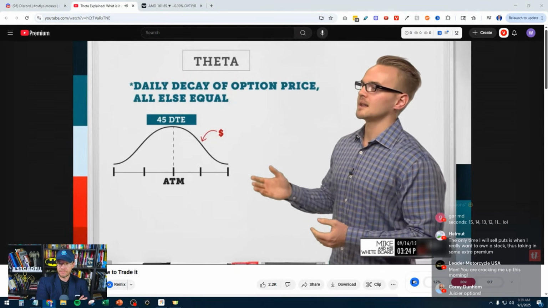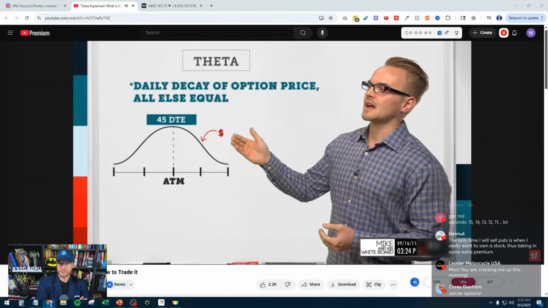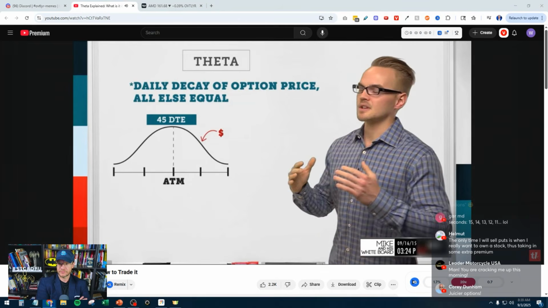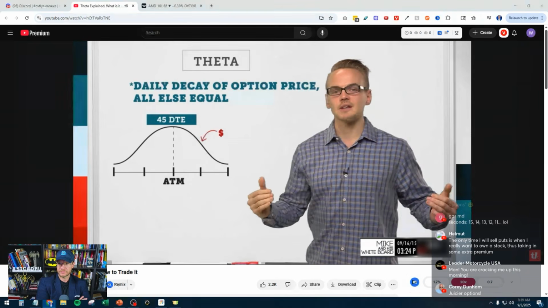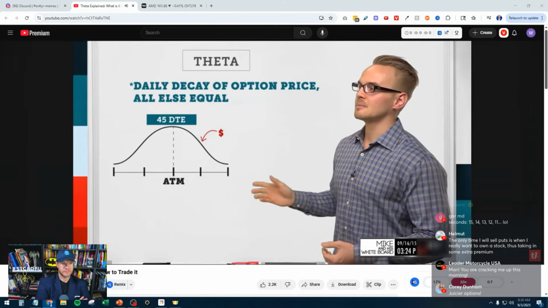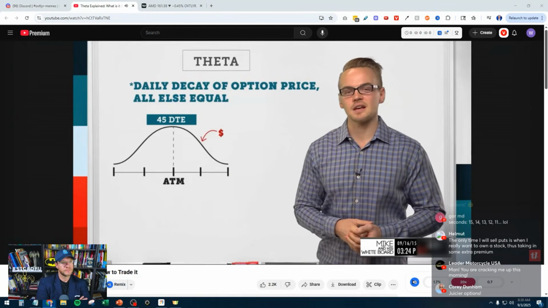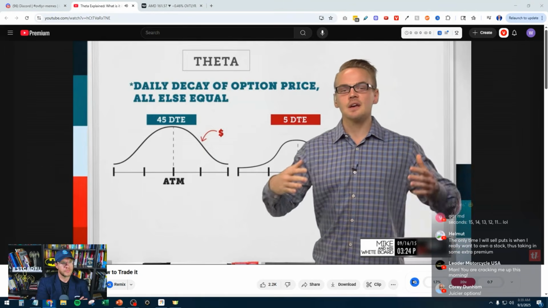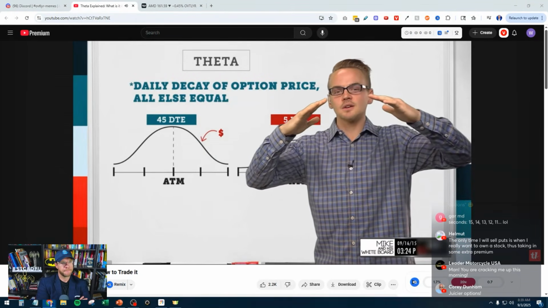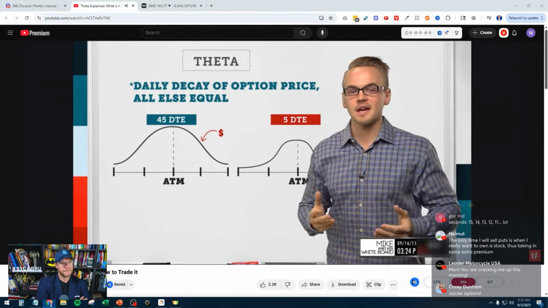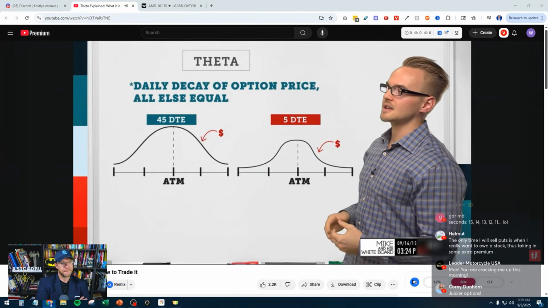So again, like we were showing before, the value for at the money options is going to be highest, and it's going to trail off in terms of extrinsic value as you go far out of the money and far in the money. Now when we compare that to a 5-day till expiration graph, like when we were talking about delta and gamma, when I was showing you that the curve goes from very wide to very narrow as you get closer to expiration, you can see that clearly here.